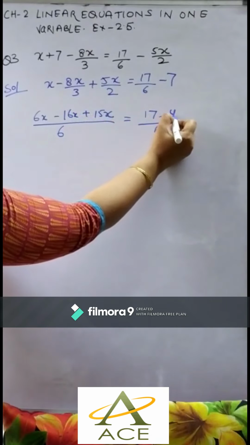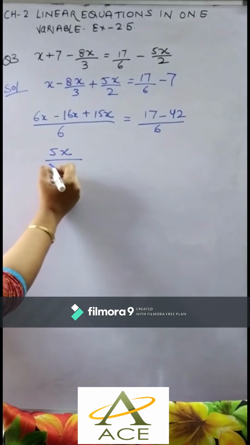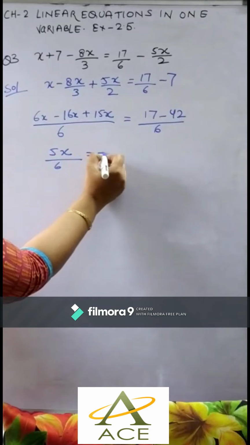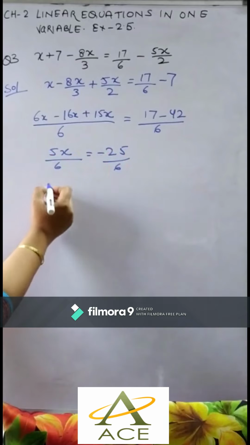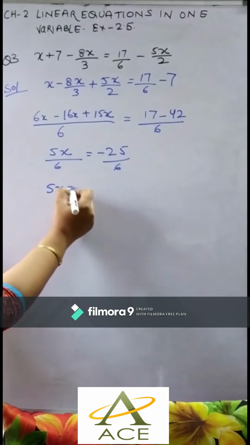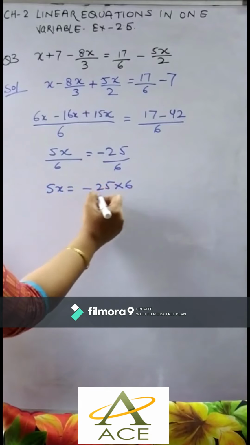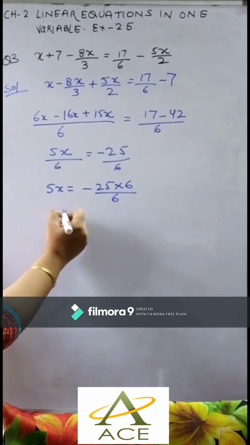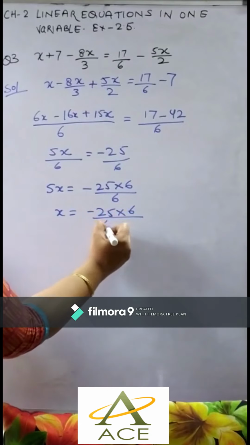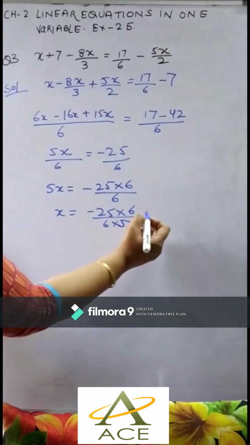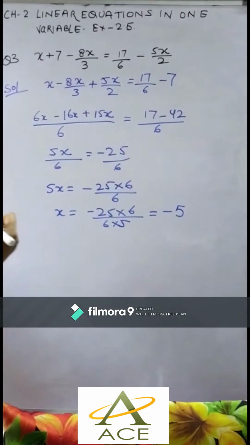Now 5x upon 6 is equal to minus 25 upon 6. 5x is equal to minus 25 into 6 upon 6, and x is equal to minus 25 into 6 upon 6 into 5. Then we will solve it. We get minus 5.